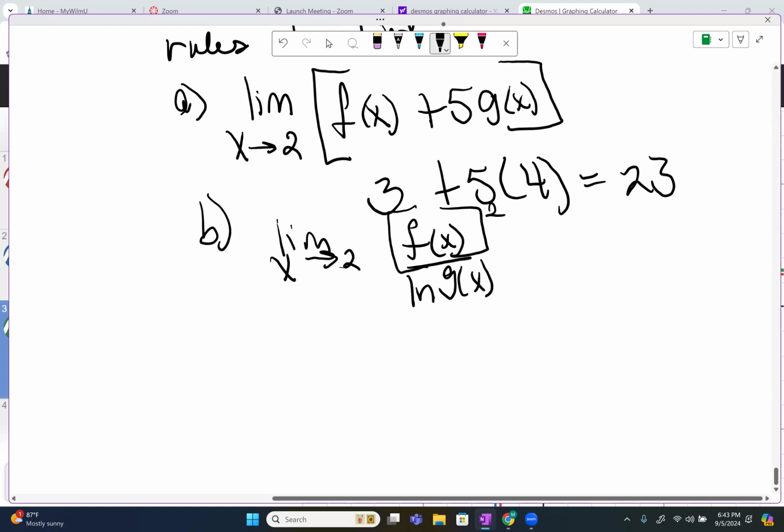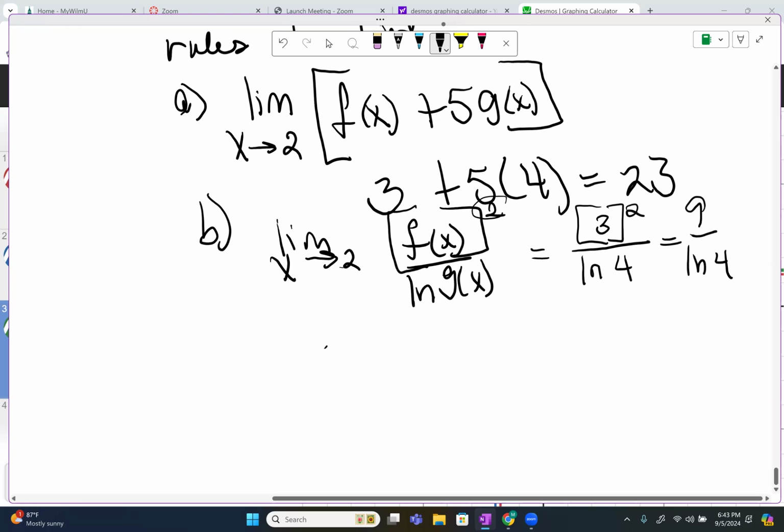You're still approaching 2. So this becomes 3 squared over the natural log of 4, and that gives you 9 over the natural log of 4.